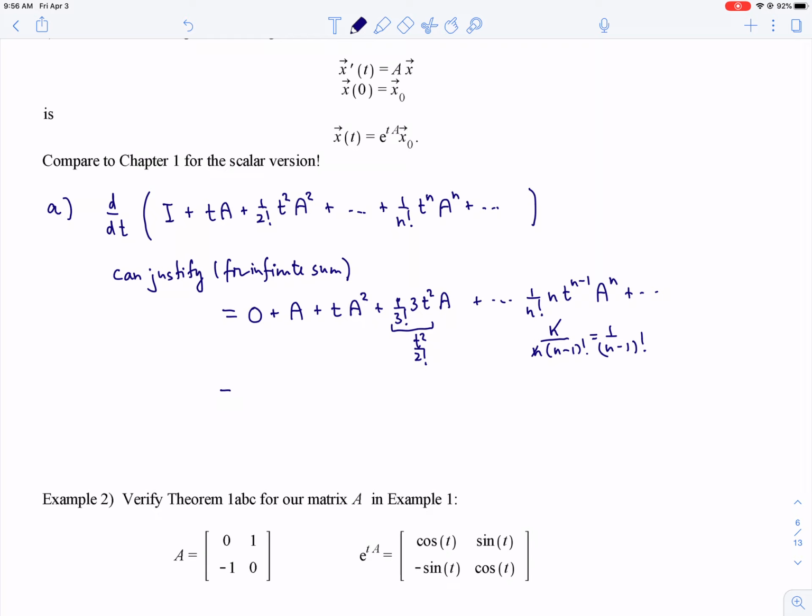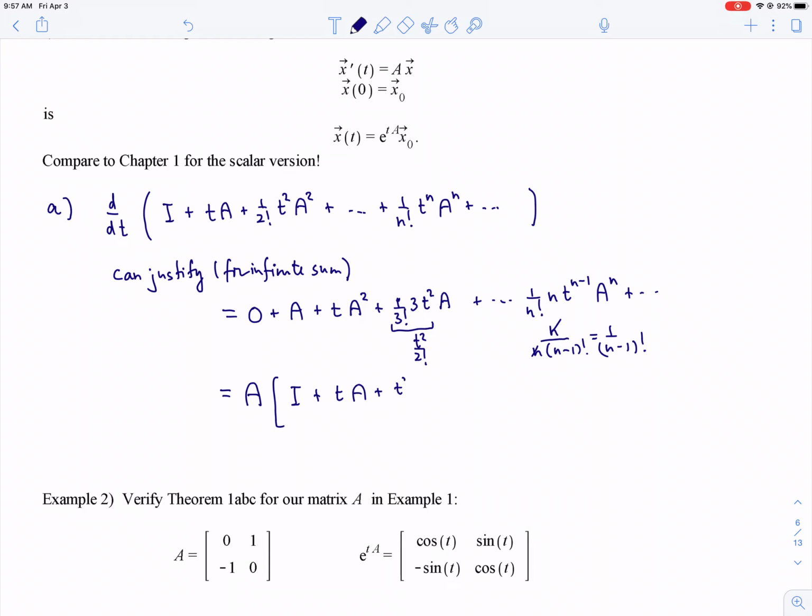So let's factor, so you can see from the first terms that the powers of A are off by 1 from the powers of t, but that's fixed if we factor an A out on the left. We could have also factored the A out on the right, but for our purposes, it's better to factor it out on the left.